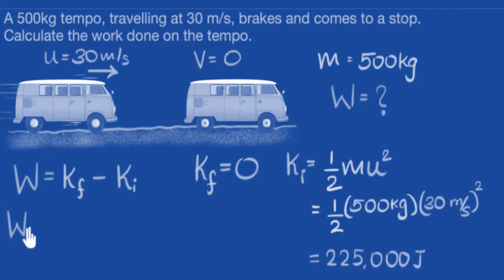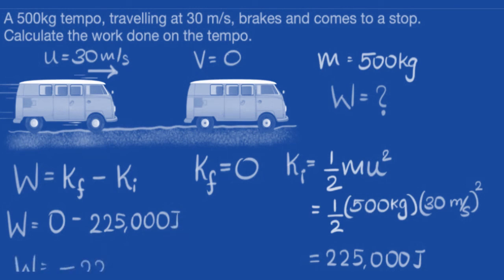So work done becomes the final kinetic energy, which is 0, minus the initial kinetic energy, which is 225,000 joules, and that gives us minus 225,000 joules. That minus sign is important. This time the work done on the tempo is a negative number.